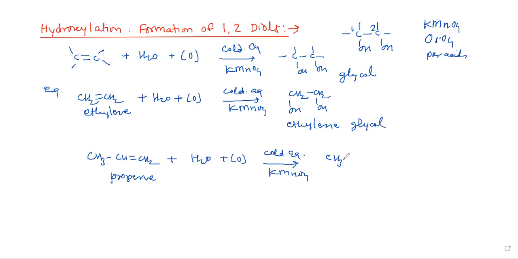Here again we will get the product in which two hydroxyl groups are attached on the adjacent carbon atoms. This is called propane 1,2-diol. Propane 1,2-diol is obtained as the product in this reaction.